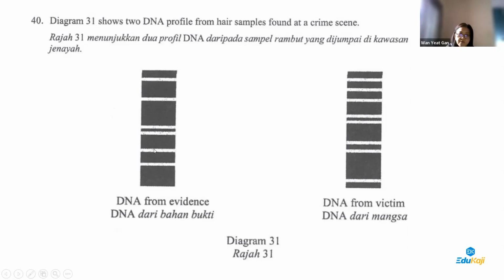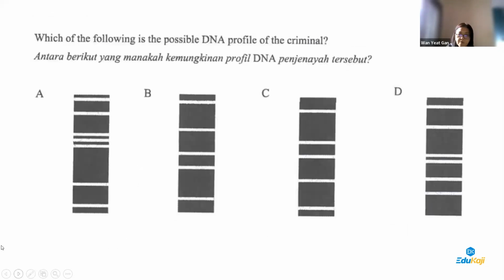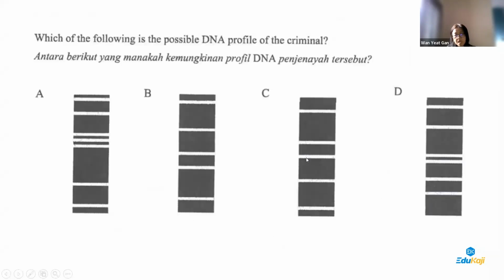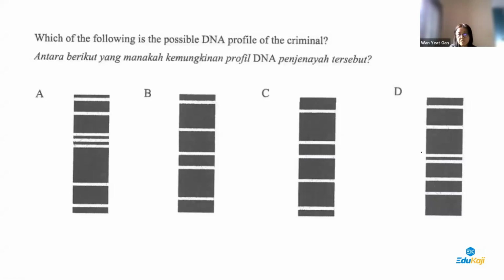So you have 1, 2, 3, 4, 5, 6 bands here. Okay, so if you compare the bands, the one that matches the one for the evidence would be D. Okay, so the answer is D, yeah.